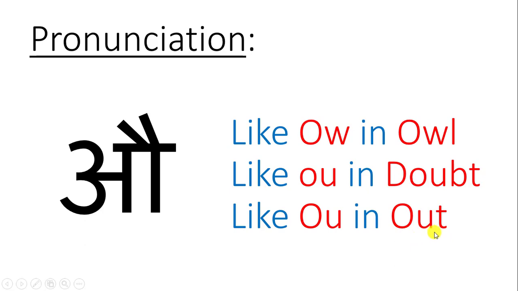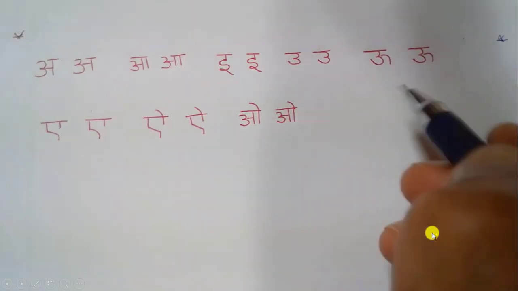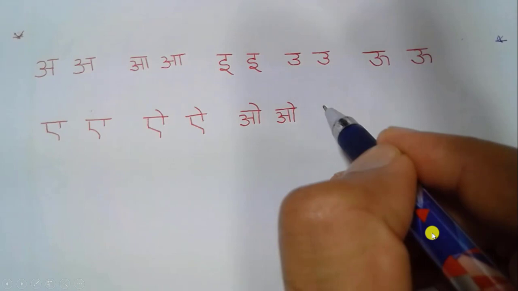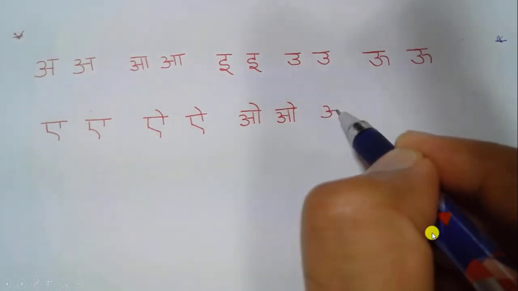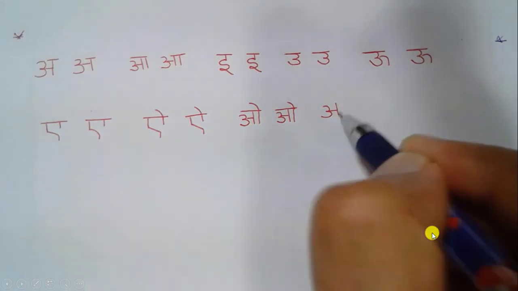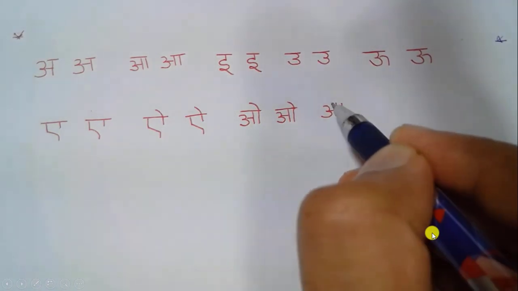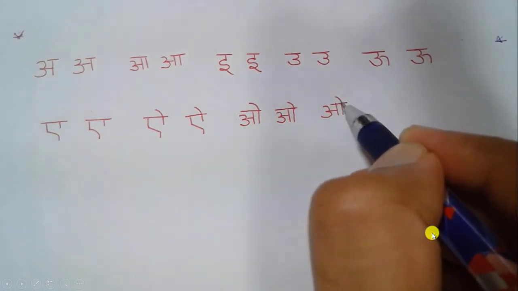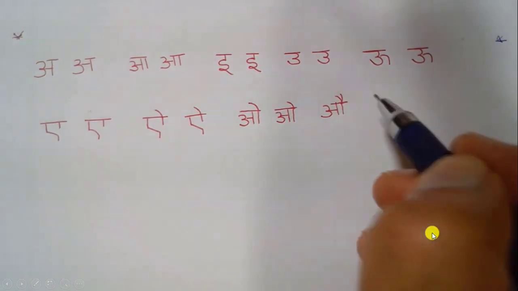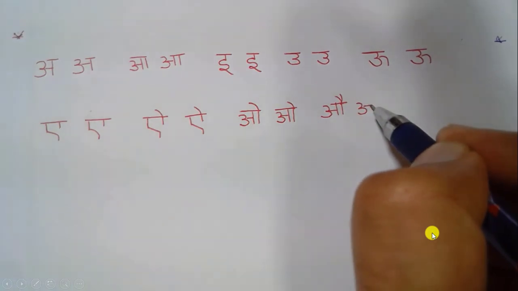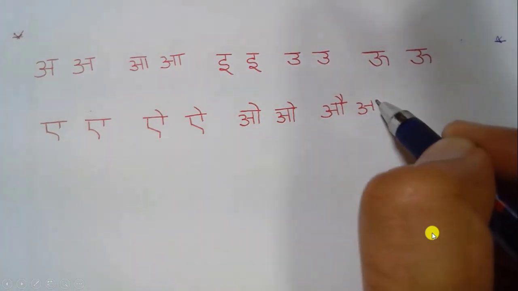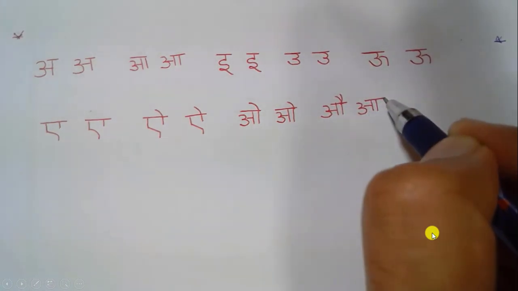Out. All right. Now let us see how to write it. Similar to the previous vowel, with two attachments. Once again. All right.